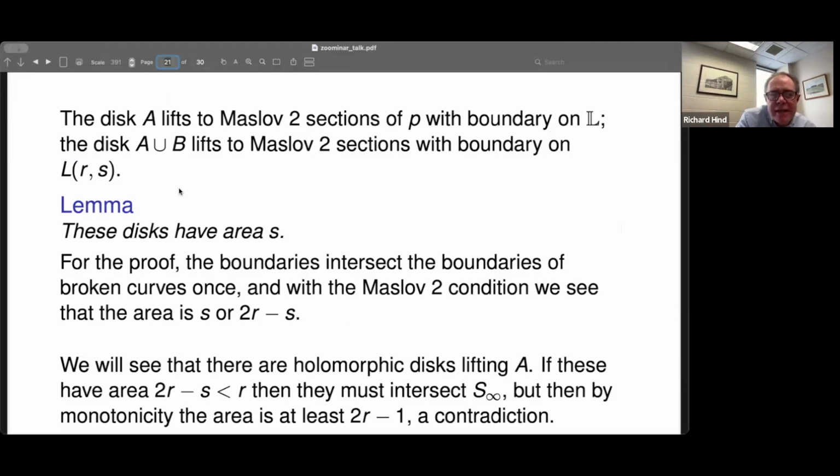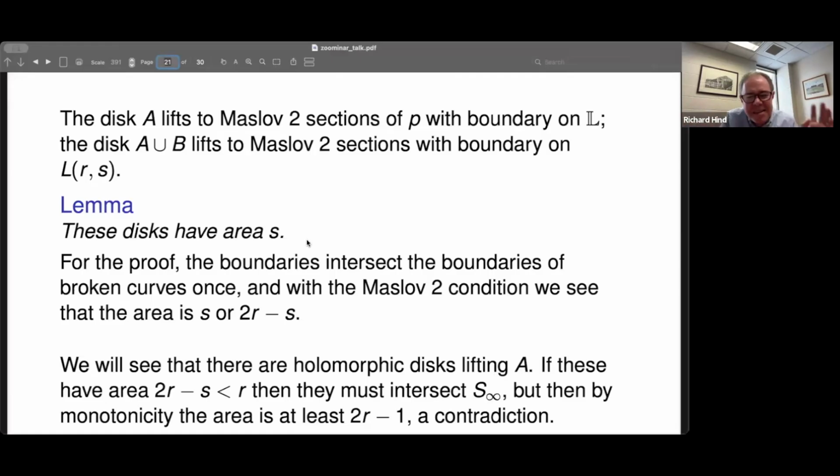The boundary of that disk is on lambda, which is the projection of bold L. It's easy to see, and there are lots of ways to do it, that this disk lifts to a Maslov 2 section with boundary on L. You could lift it to different relative homology classes, but it doesn't matter what you do, it's always going to have area S.